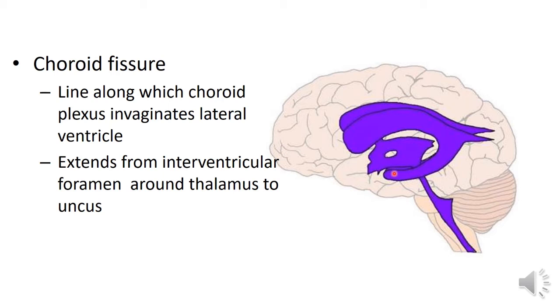So the choroid fissure is a line along which the choroid plexus invaginates the lateral ventricle, and this extends from the interventricular foramen around the thalamus up to the uncus.